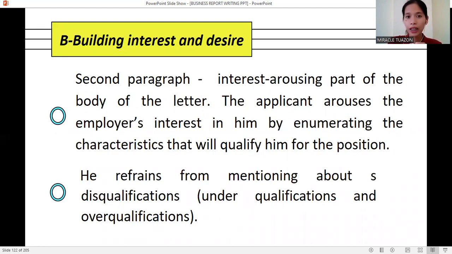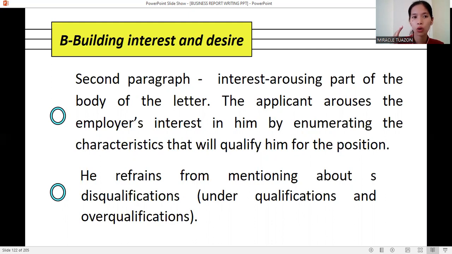For the letter B, which is building interest and desire. On the second paragraph of the letter, it must be the interest-arousing part of the body of the letter. So how can you arouse the employer's interest? Of course, by enumerating your characteristics that will qualify you for the position that you are applying for.